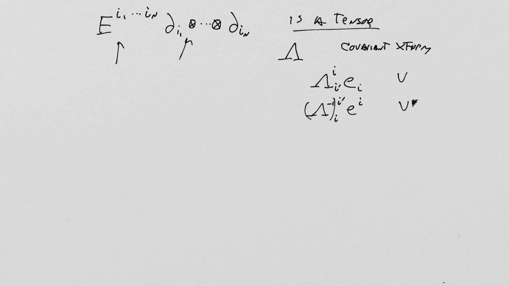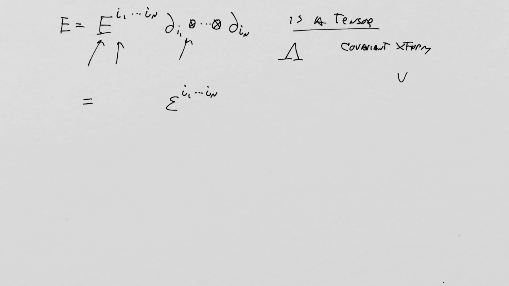So when we consider the transformation of this whole tensor E, we're going to substitute in the epsilon, or the Levi-Civita symbol, for E, because we've decided that we're making that assignment. I'm going to write the Levi-Civita symbol, I1 through IN, and let me erase this.